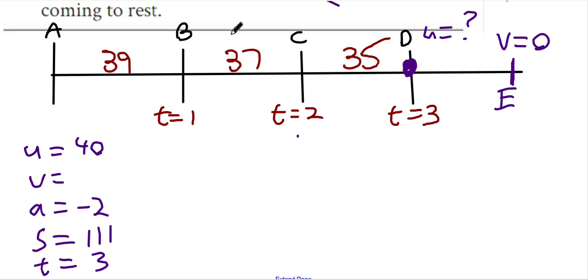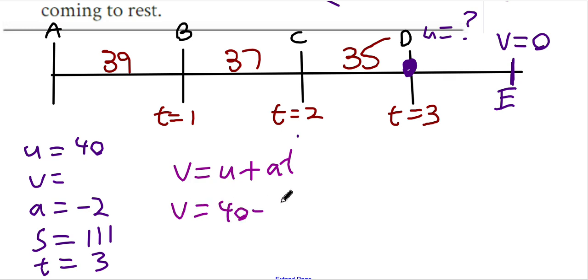You use v squared equals u squared plus 2as, or what else can you use? v equals u plus at. I think v equals u plus at might be an easy one for us, will it? So what is it? 40 take away, what you reckon? Minus 2 multiplied by 3. What do you get? 36.